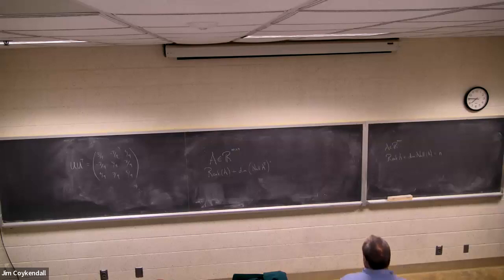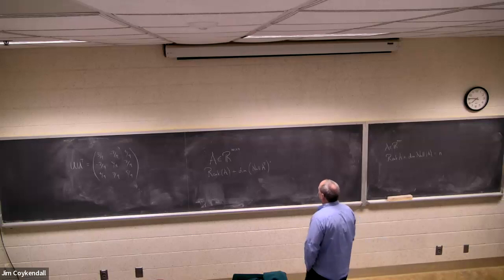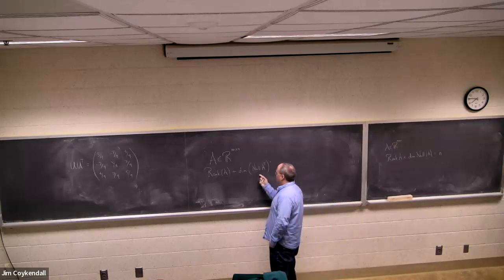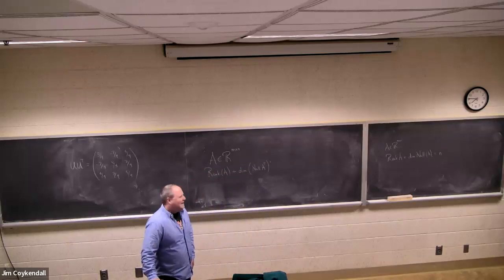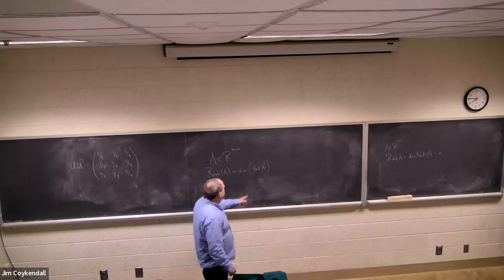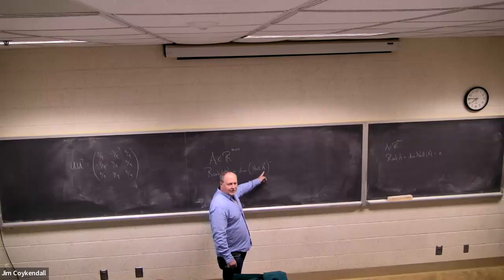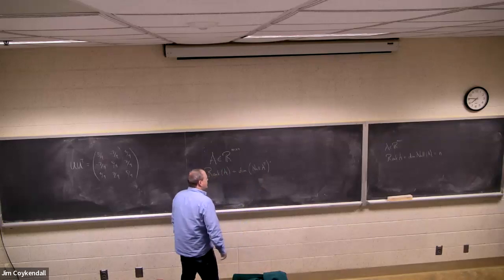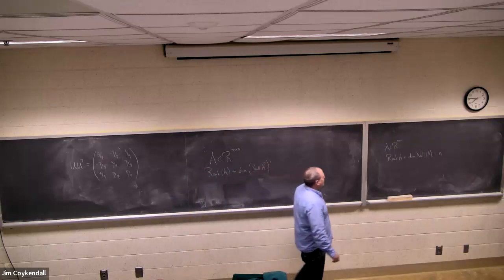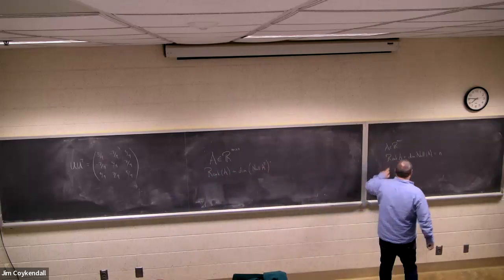We have a twist here: null space of A transpose. I really wish this were an A, don't you? Then it would be easy. But I do a little prestidigitation. Rank nullity is true for any matrix, right?